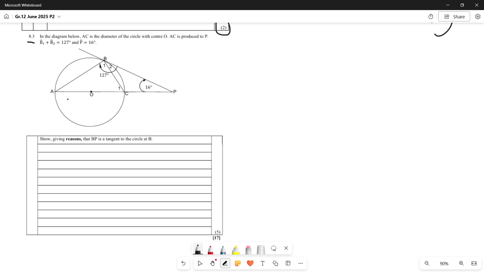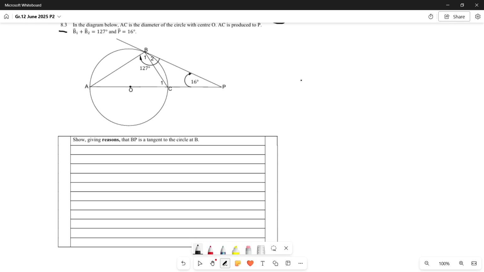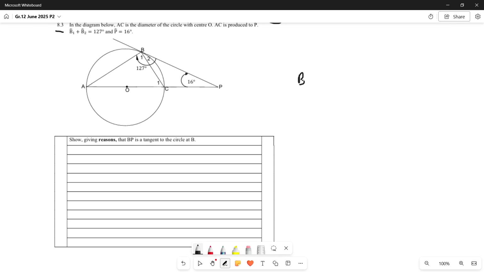So the first move we want to do here is note that our AC is our diameter. If ever we have a diameter, we can cover up half of the circle, which means we have angle in a semicircle. It means we have a right angled triangle over there. We have an angle in a semicircle, and that means this B1 over here is 90 degrees. So we're going to say B1 equals 90 degrees, angle in semicircle.